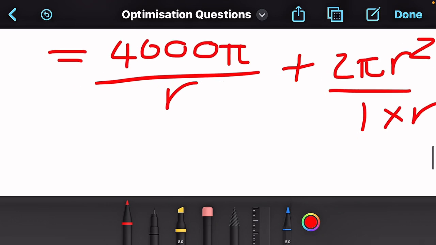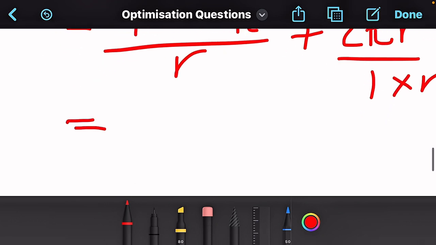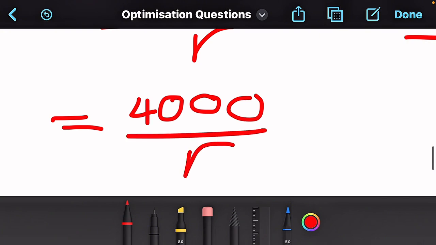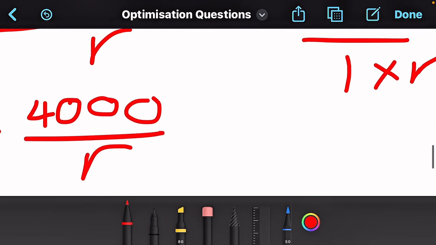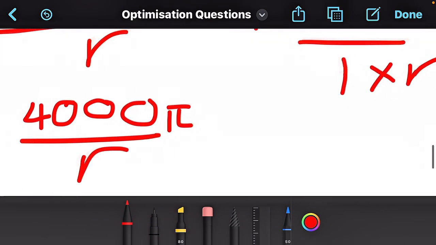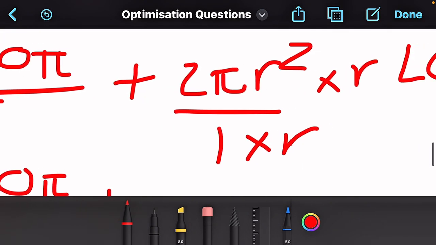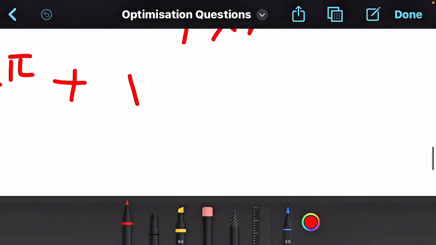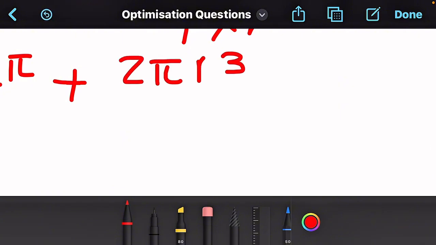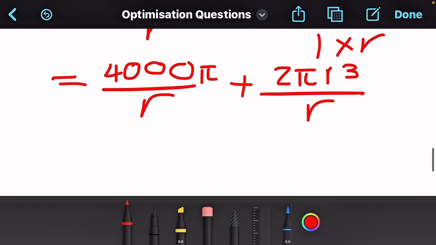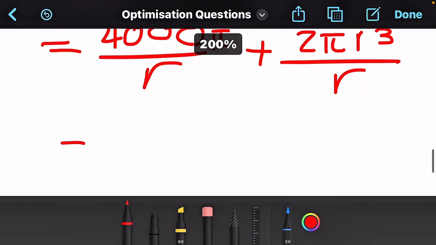So it's going to be 4,000 pi over r plus 2 pi r cubed over r. Now since we have a common denominator, we are going to bring the terms together.